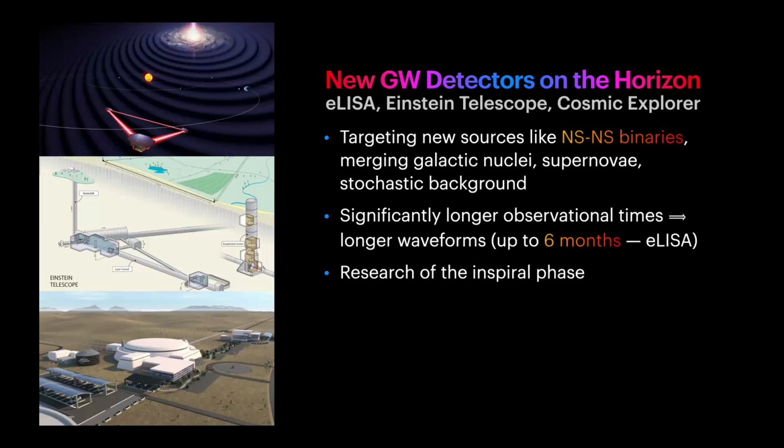Now it's reduced to around 1 million kilometers, so it's still much larger than what can be done on Earth. The others are underground detectors, which will be built in Europe, the site not yet decided, which will be the Einstein Telescope. Then the Americans will build the Cosmic Explorer, which is the same as the current detectors, just much larger. They have space for that.